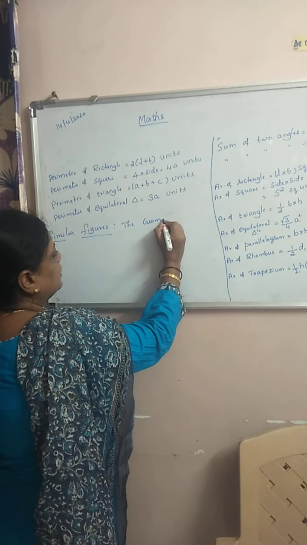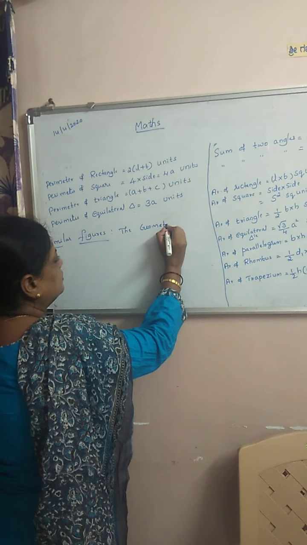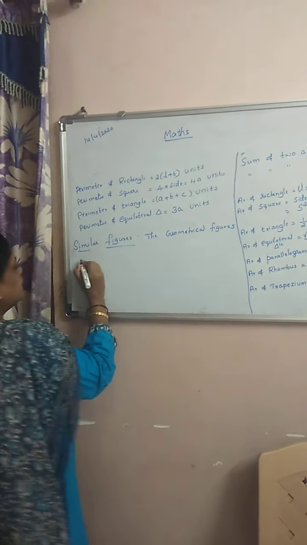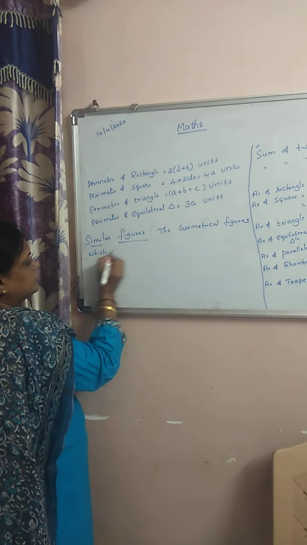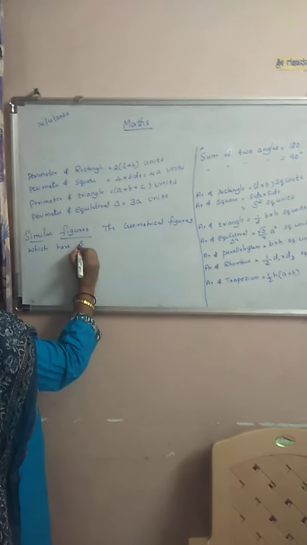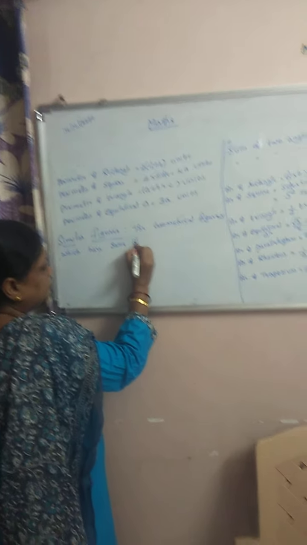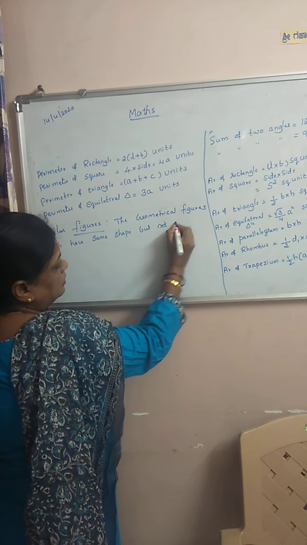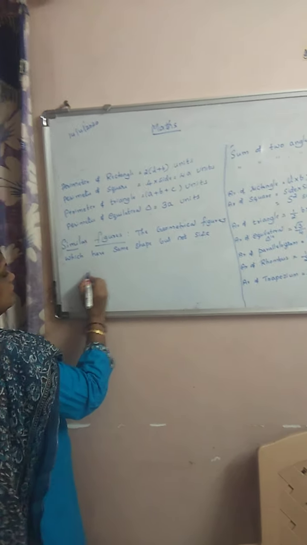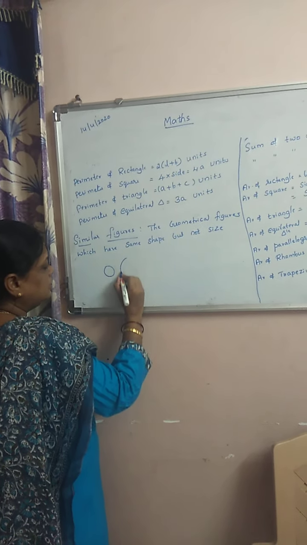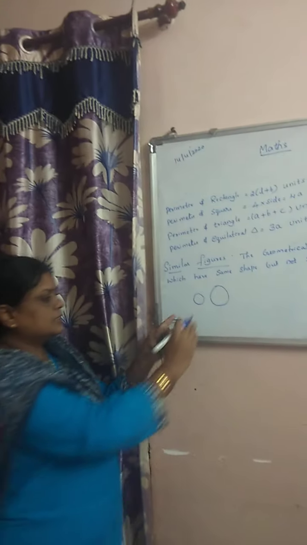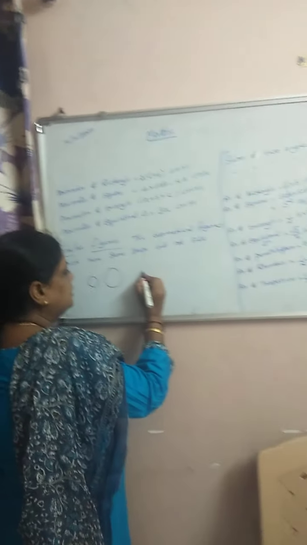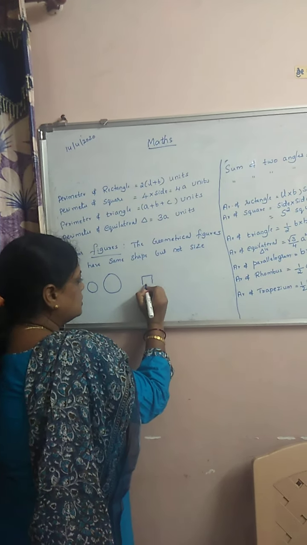Geometrical figures which have the same shape but not size. For example, these are circles. They are similar in shape, but the size differs here. So these are called similar figures. Here I can draw squares also.